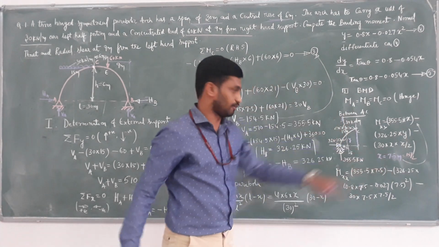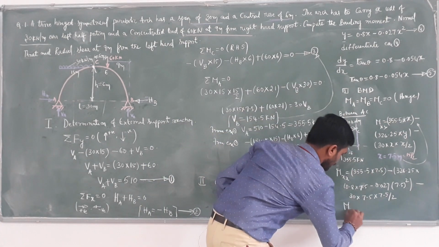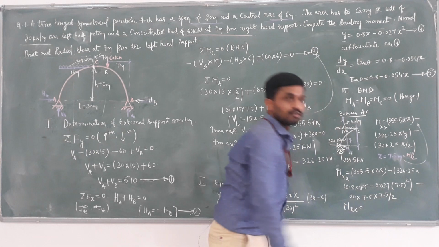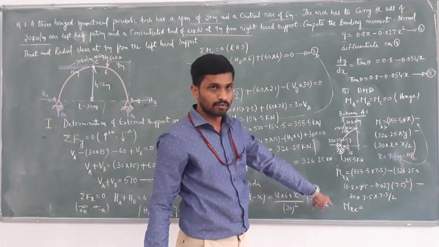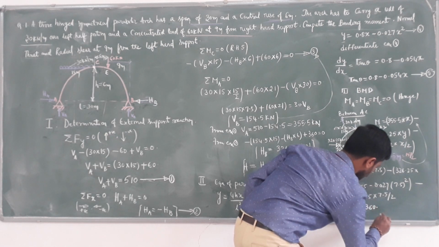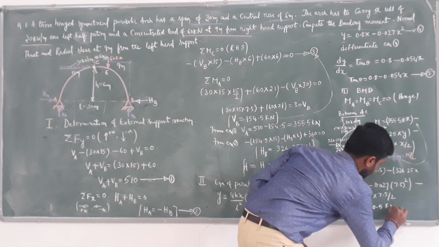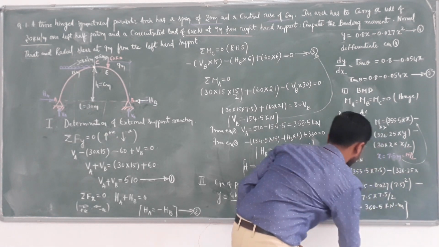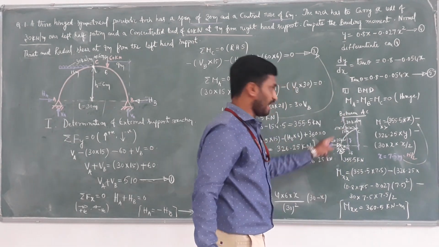So simplify this equation. You get the moment between A and C, that is MXX. The value of MXX is 360.5 kilonewton meter. This is the moment between AC.